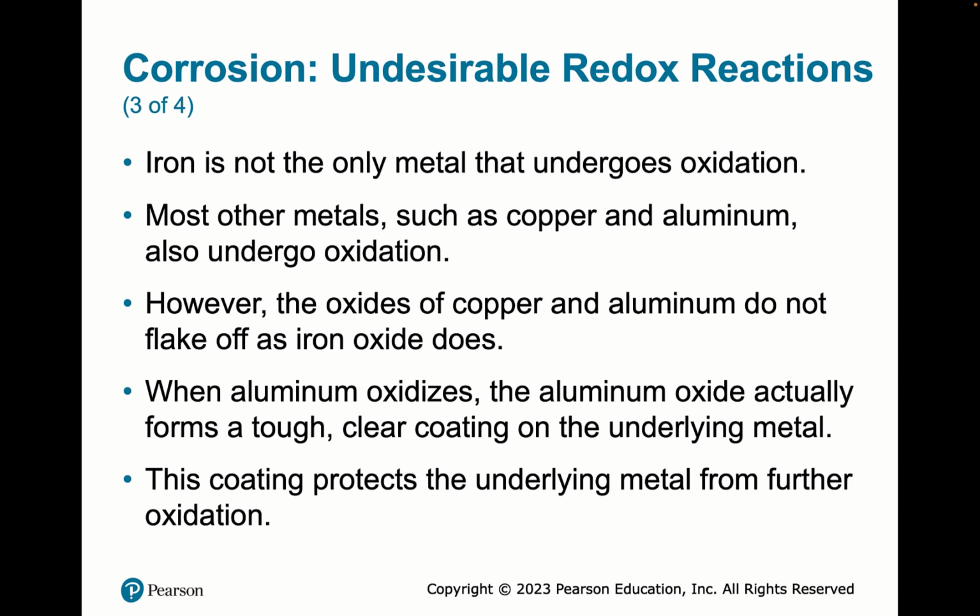Aluminum oxide is sapphire, and it's a very tough material. It's 9 on the Mohs hardness scale. It forms what we call a passivating layer, so it passivates the aluminum. Other metals do this. Titanium is a very reactive metal, but it forms a passivated layer.